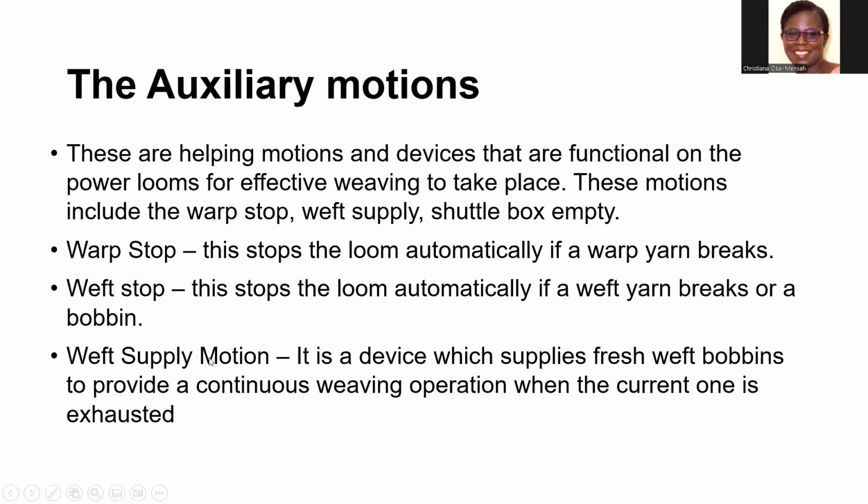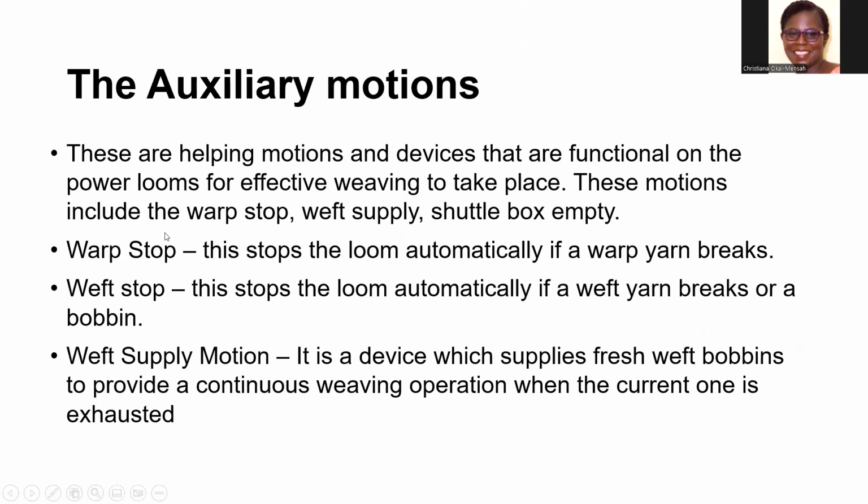So we have the warp stop. Okay. So these are helping motions and devices that are functional on the power looms for effective weaving to take place. These motions include warp stop, weft supply, shuttle box empty.